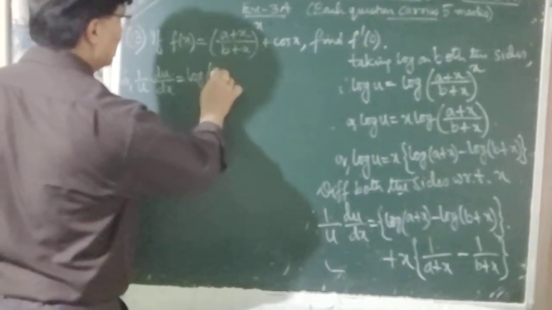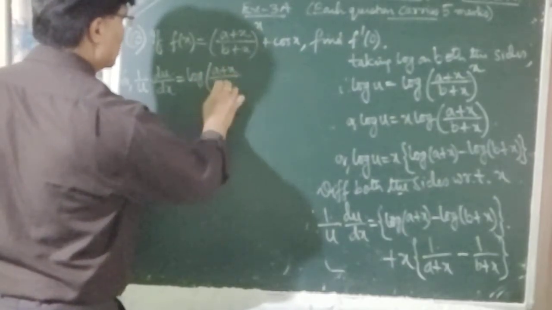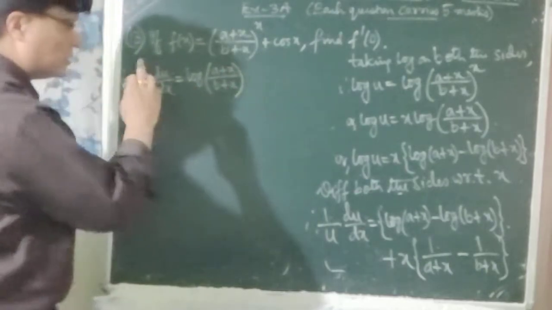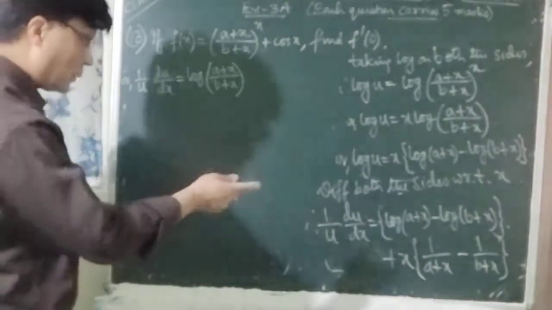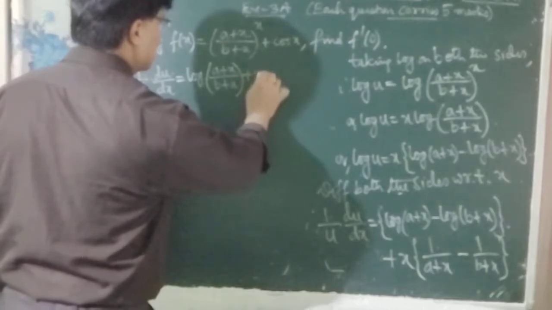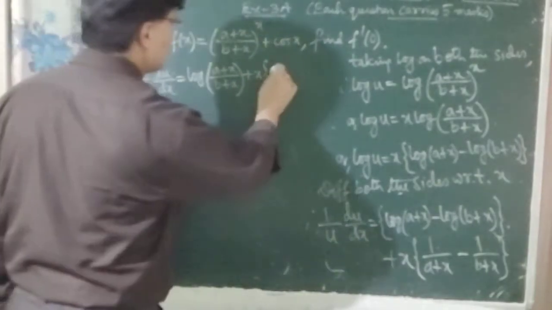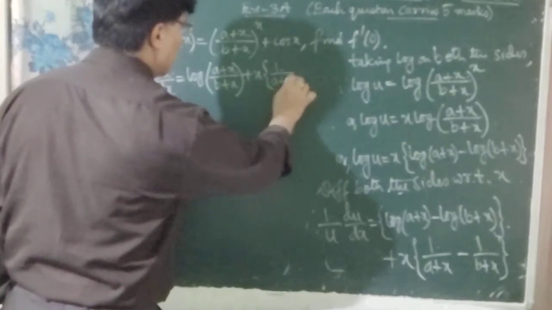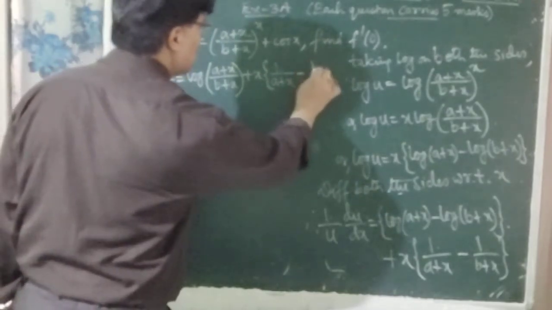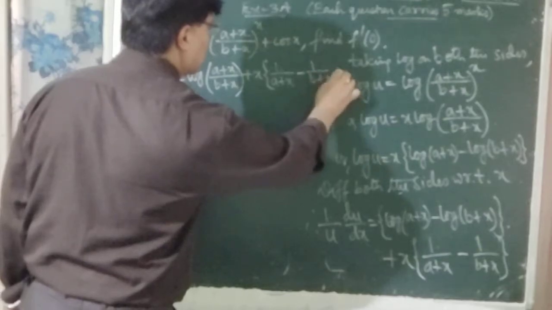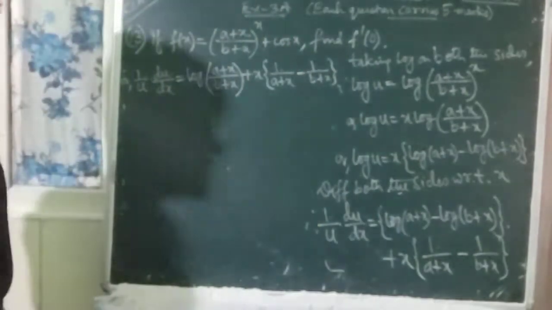Log of a by b, that is (a plus x) upon (b plus x). Keep the second term as it is, that is x. Don't simplify it. So keep it as it is, x into within bracket 1 upon (a plus x) minus 1 upon (b plus x). So is that clear now?